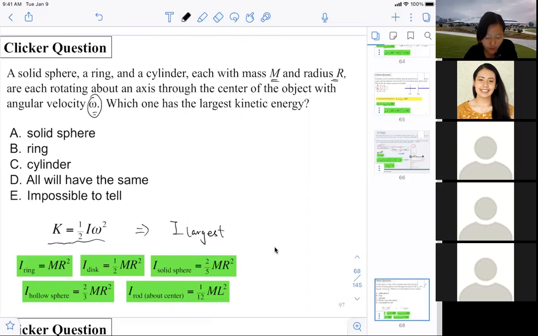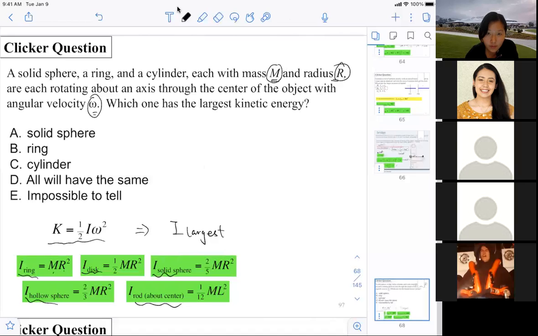If they all have the same mass and same radius, which one has the largest I from this list? The ring. Everything else has a constant that's smaller than 1. So the largest is simply the ring.